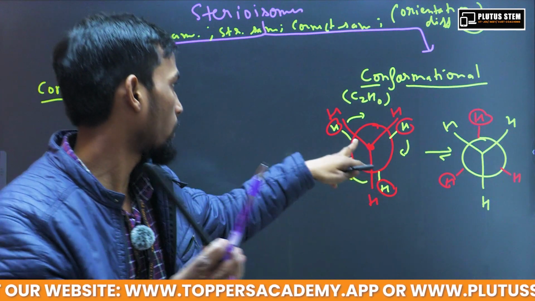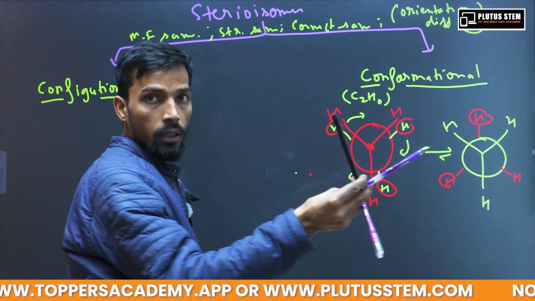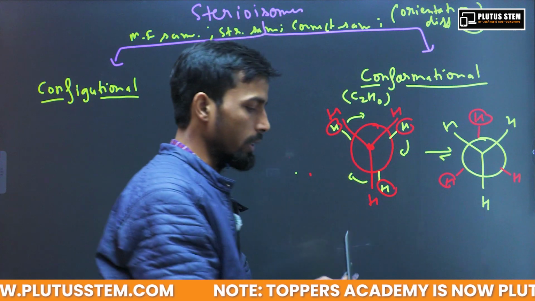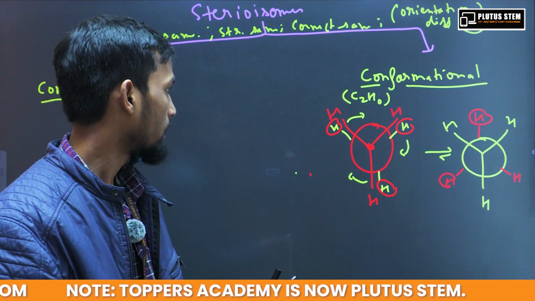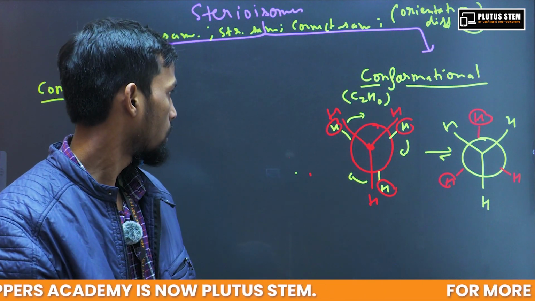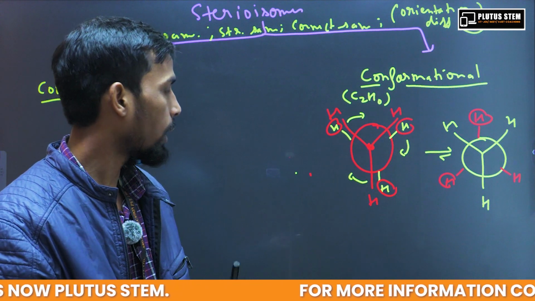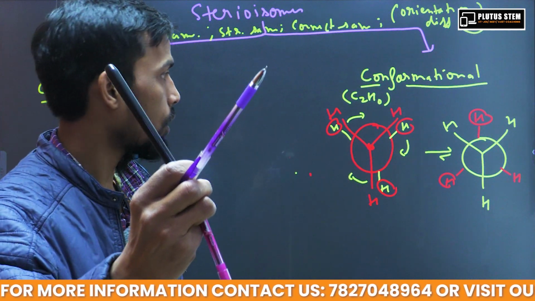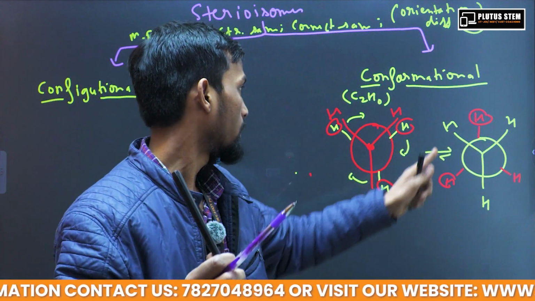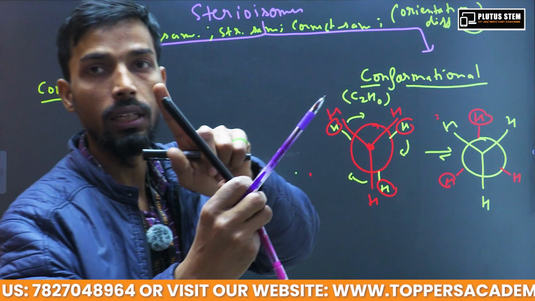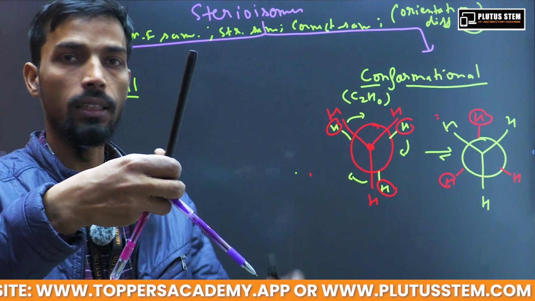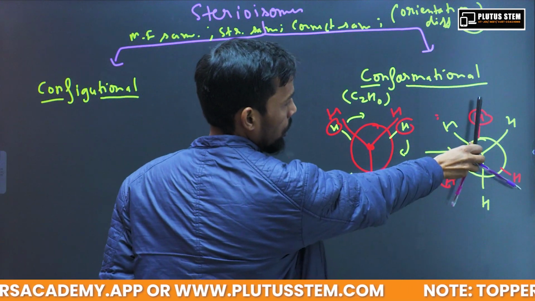If you can visualize, regarding this one hydrogen, the upper one, and the below hydrogens, they are like this. And after the rotation, this one hydrogen is rotating like this, it will become like this. Can you visualize over here or not?